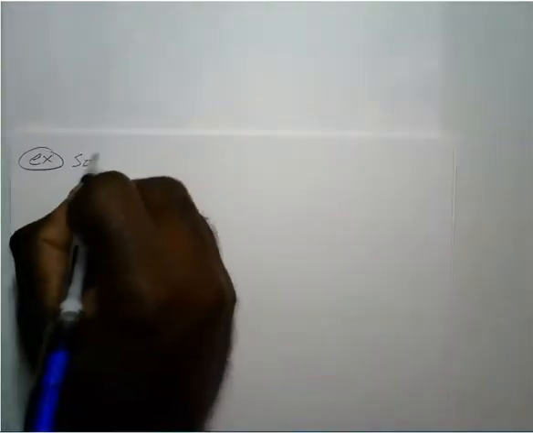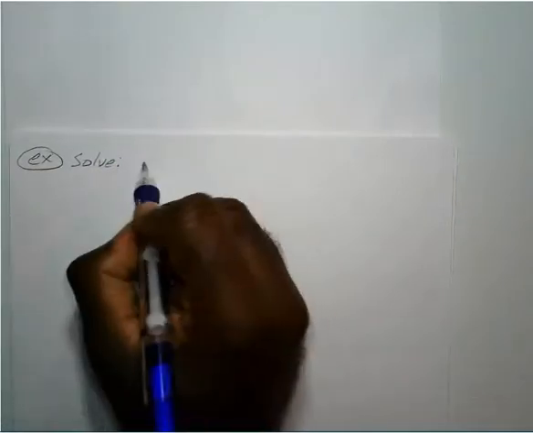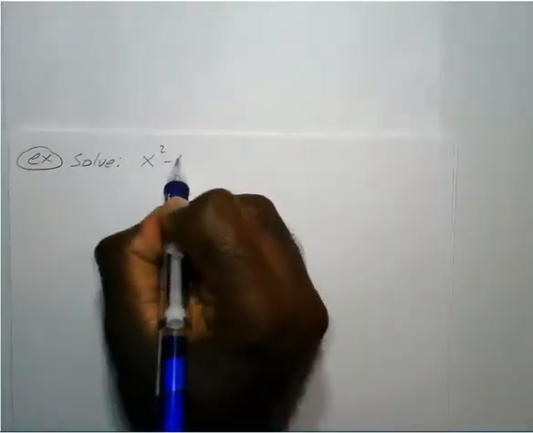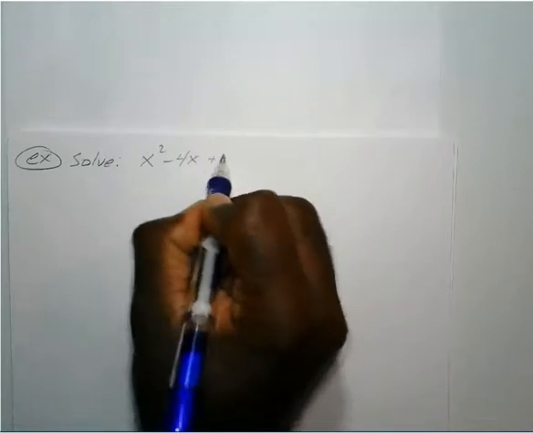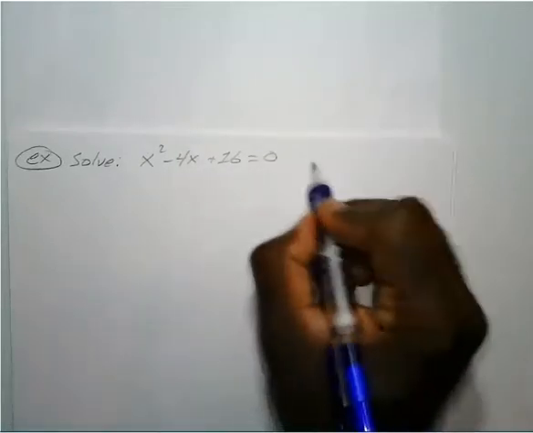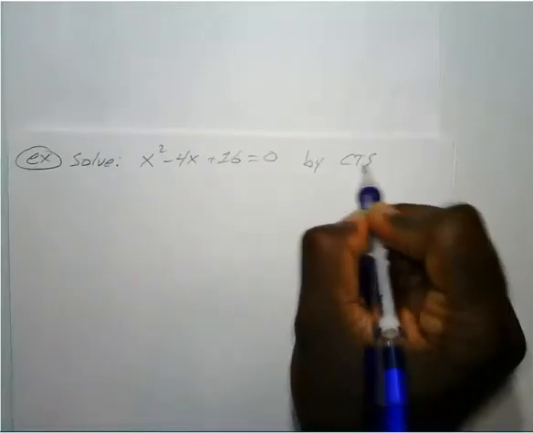Okay, so let's say, for example, we want to solve x squared minus 4x plus 16 equals 0 by completing the square.